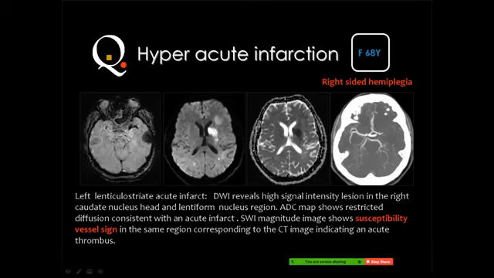You get an infarction in the middle cerebral territory showing diffusion restriction on the diffusion weighted image, and this is the ADC, and this is the CT angio showing occlusion of the middle cerebral artery.